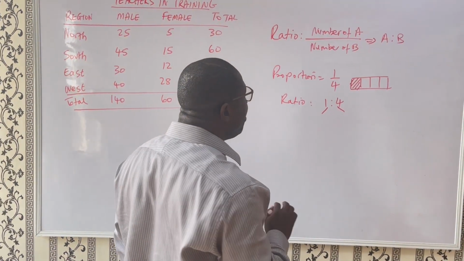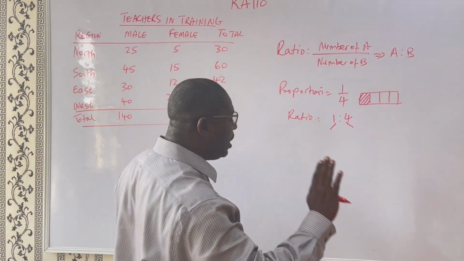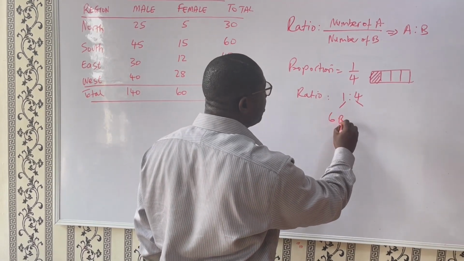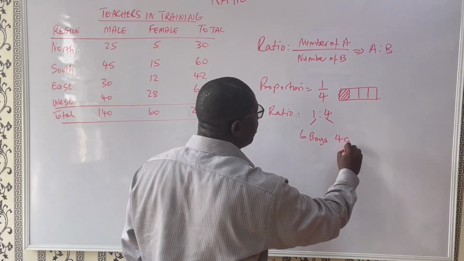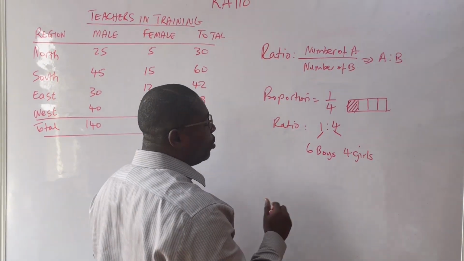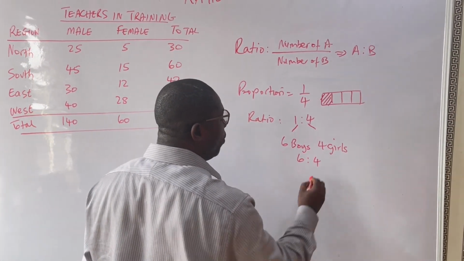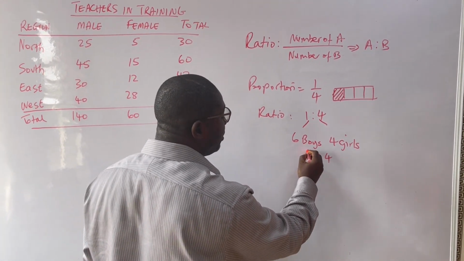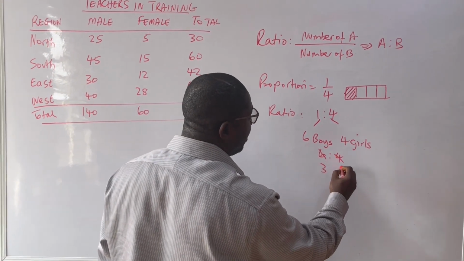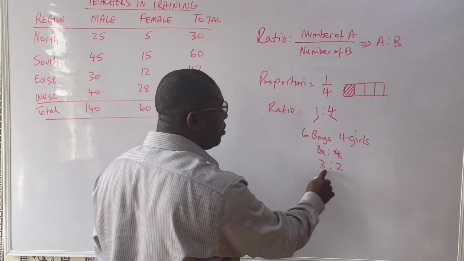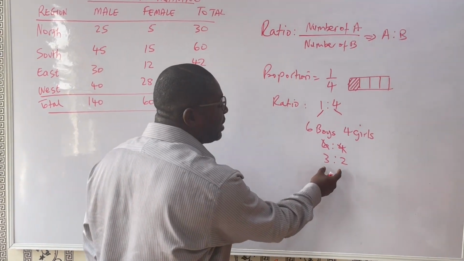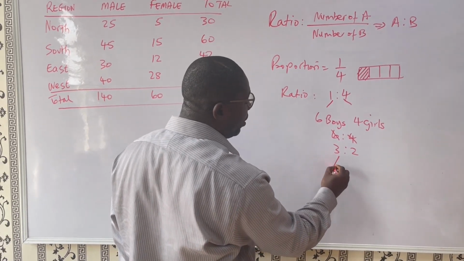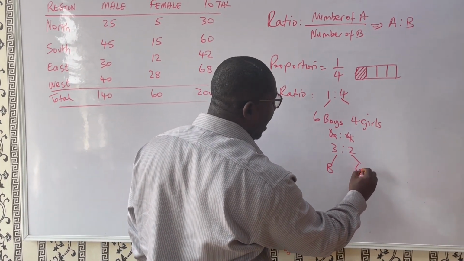For example, if you have in a class 6 boys and 4 girls, the ratio will be 6:4, and if we break it down further, it gives us 3:2. It means that for every 5 persons in that class, 3 are boys and 2 are girls.